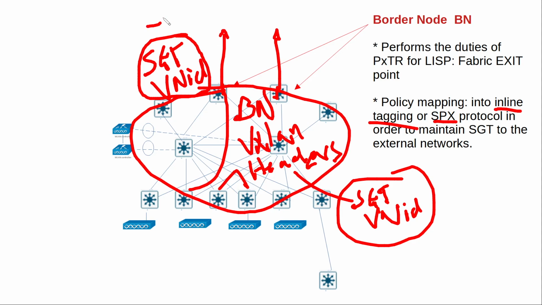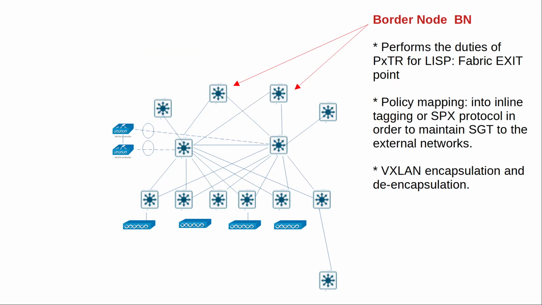So the border nodes will be using inline tagging or SXP protocol in order to keep this information when traffic leaves the fabric. Remember that they are also the exit point of the fabric, and they are the PxTRs for the LISP protocol. And they are also VTEPs.